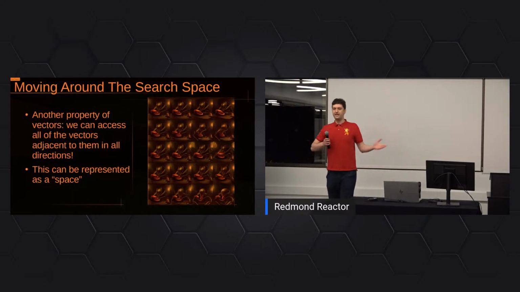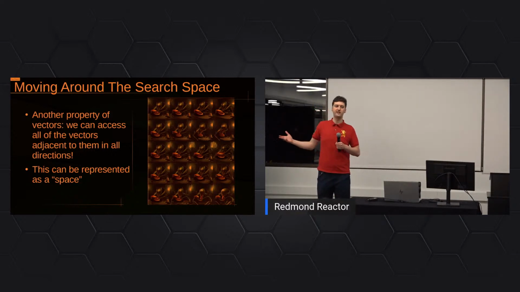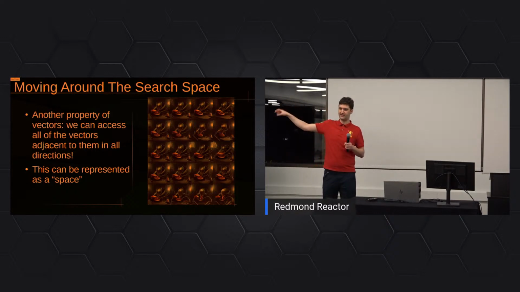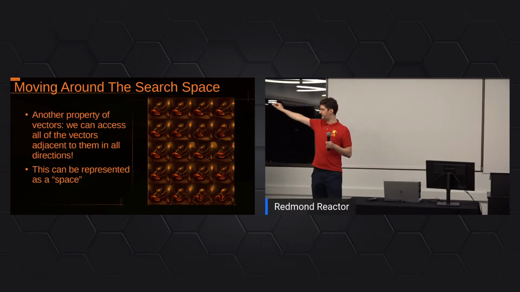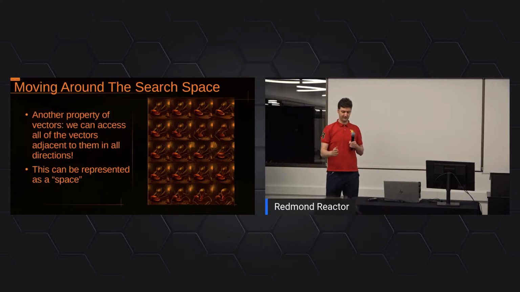Another property of vector inputs and numeric inputs is that we have a search space. Essentially, we can adjust a given variable over the course of several options, and then over the course of several more options, and we can compare them all right next to each other.